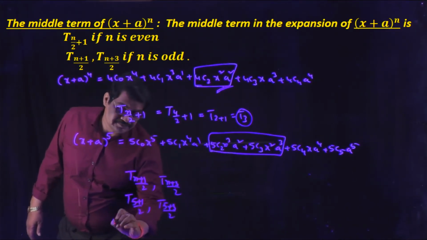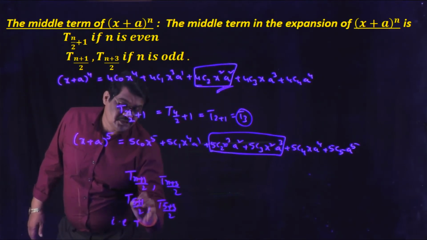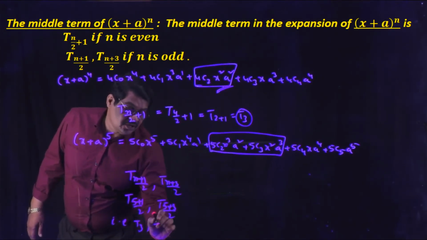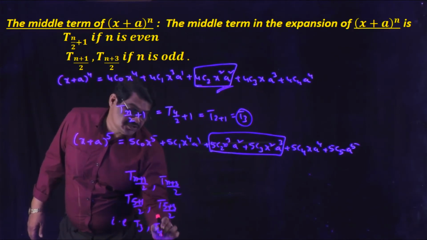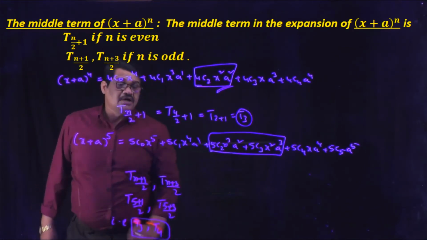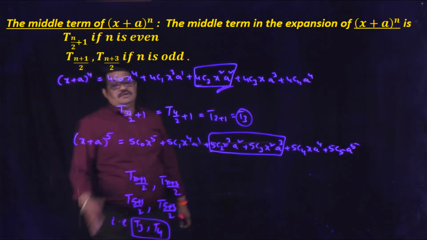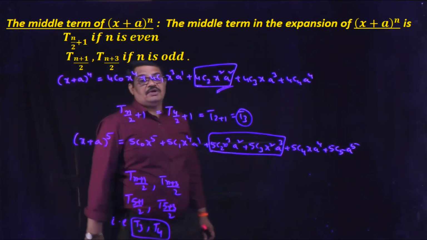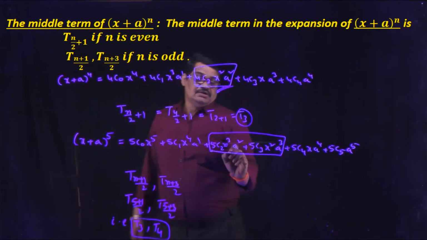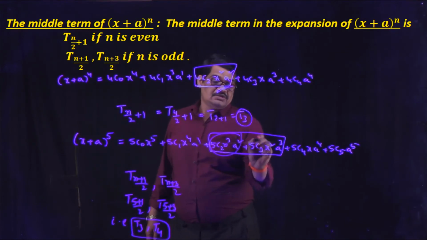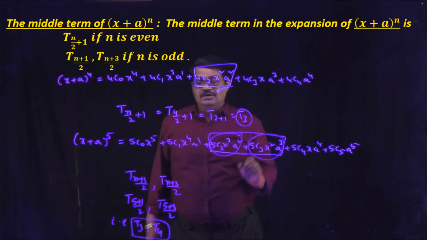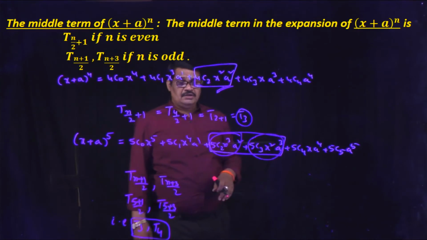That is nothing but T(6 by 2), T3, and T(8 by 2), that is T4. So we get the third term and the fourth term as the middle terms. This is the third term, this is the fourth term. These two are the middle terms in the expansion.